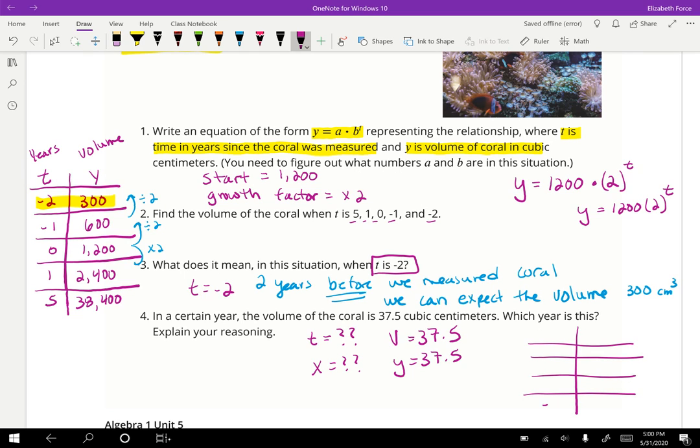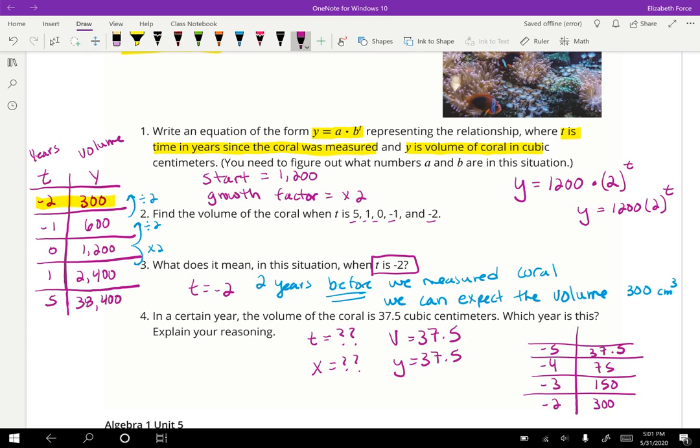So at negative 2, we're at 300. And to go backwards, we're going to divide by 2. So at negative 3, half of 300 is 150. At negative 4, half of 150 is 75. At negative 5, half of 75 is, half of 70 is 35, 36, 37.5.